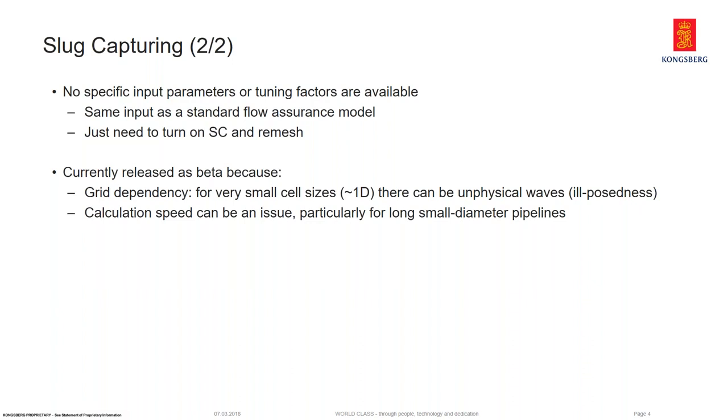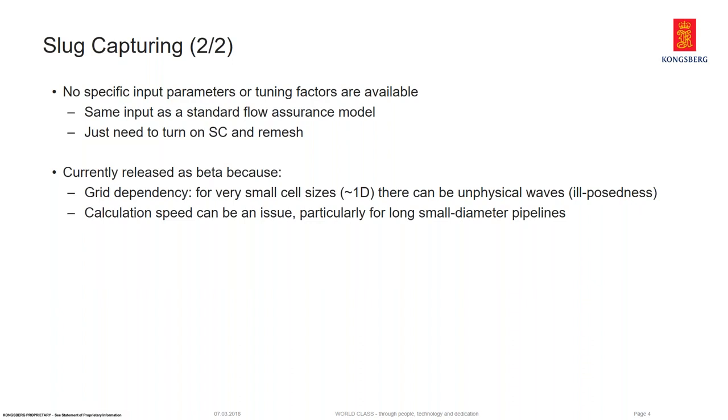First of all, the grid dependency. This is not specific to slug capturing, but it's just because of the small cell sizes that we use. Typically, if you have very small cell sizes, maybe 1 pipe diameter in length or smaller, there can be some unphysical wave growth.